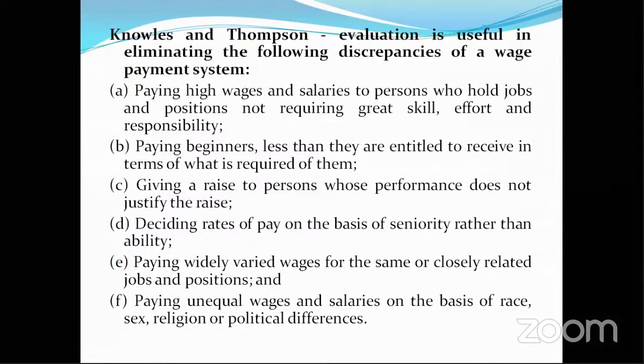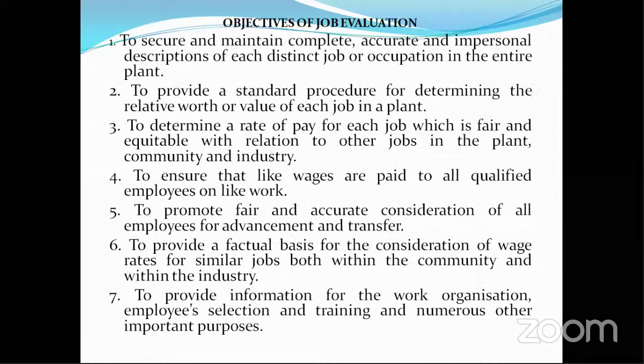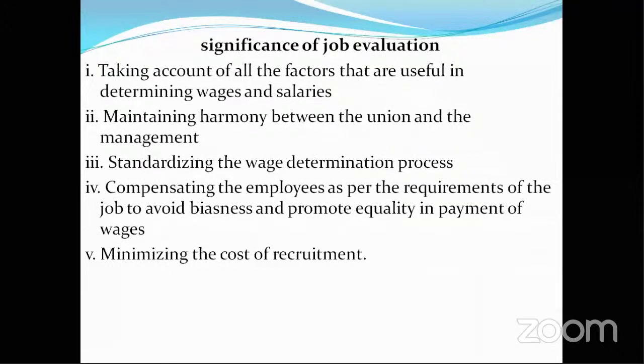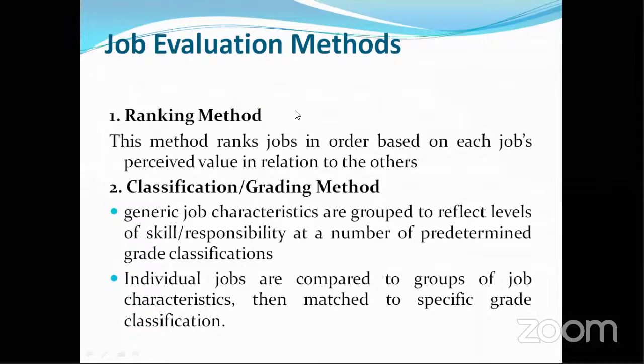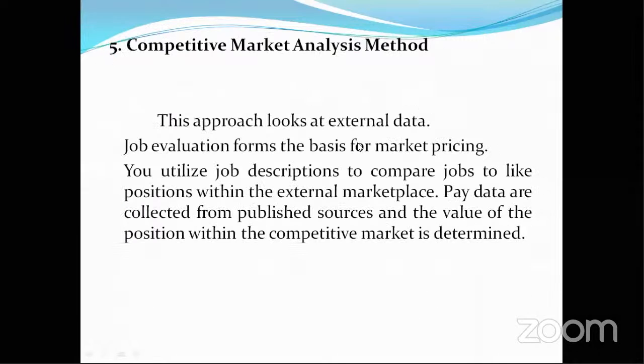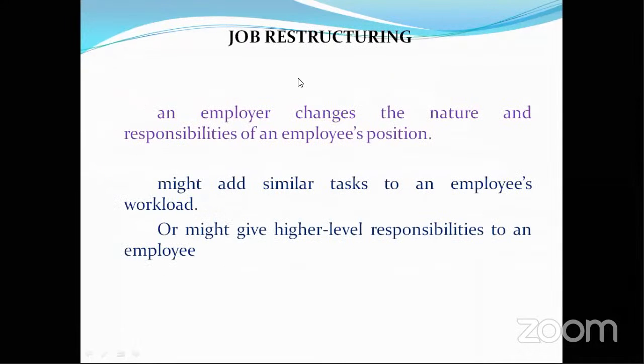We also discussed the discrepancies, the characteristics, the objectives, and the significance of job evaluation. Prerequisites for effective job evaluation we have seen. We identified the various job evaluation methods and also the limitations. Tomorrow, in our next class, we will learn about job restructuring. What do you mean by it? We will learn in tomorrow's class.